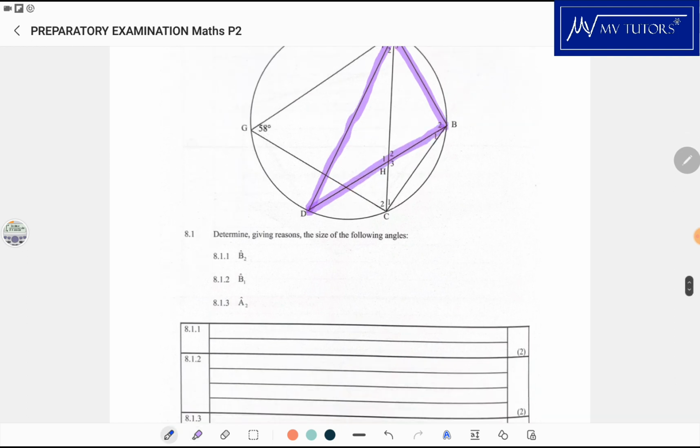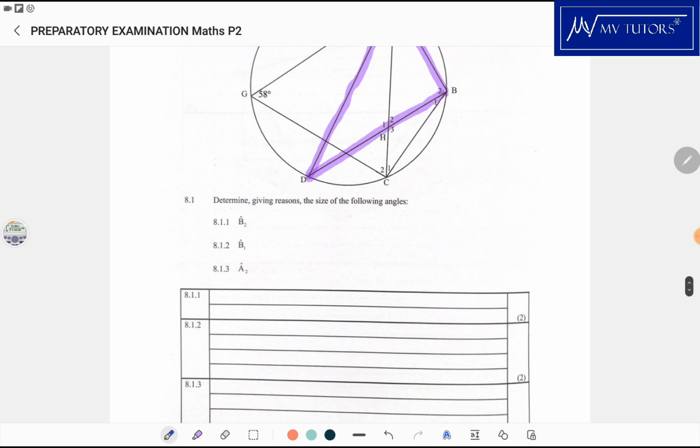We know that B2 is just going to be equal to 90 degrees, and the reason is because of angles in a semicircle, or angle of a diameter. All right, so the next one is B1.